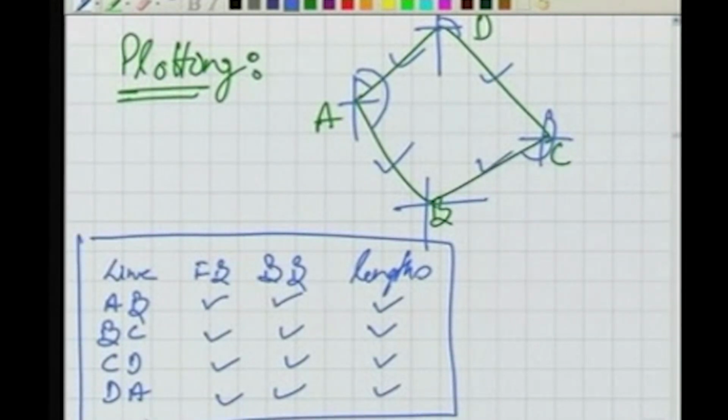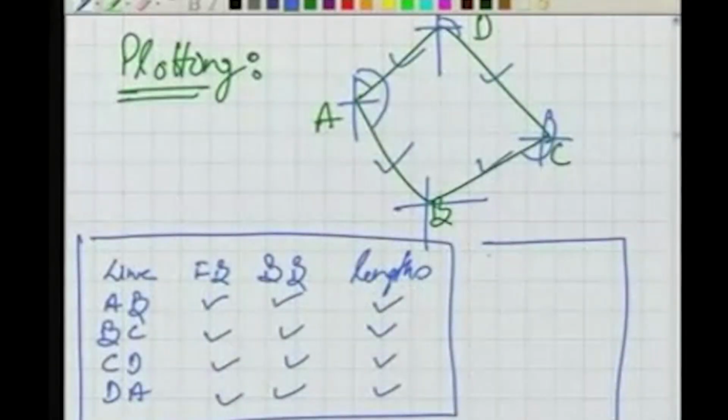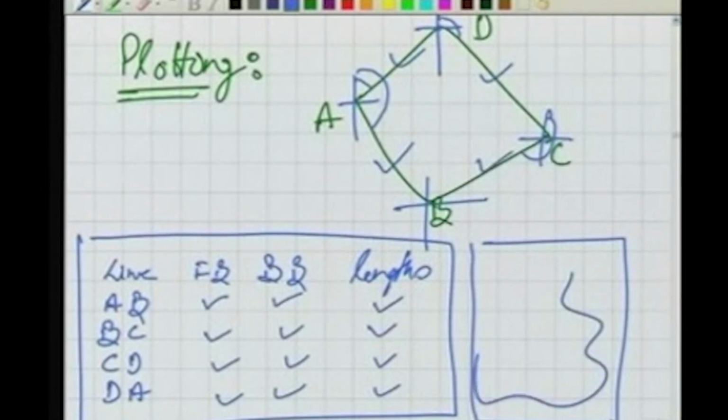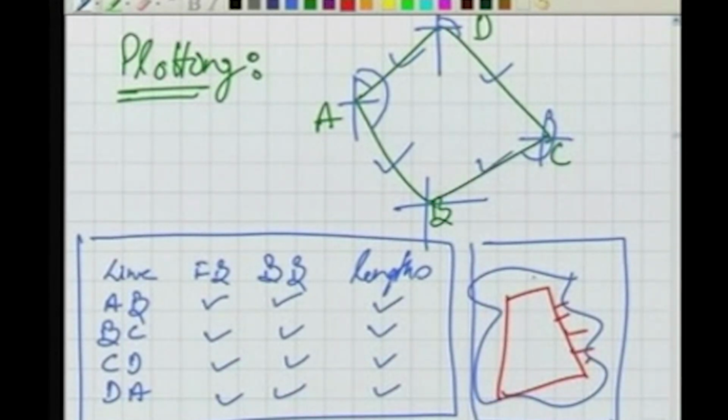Whenever we work in the field, ensure one more thing, that we should always have a rough map of the area with us. So in our notebook, we also have a rough map, just a rough map. This is how I had taken my A, B, C, D. Later on, because you are making a record of the area, you are also observing the offsets and other things.